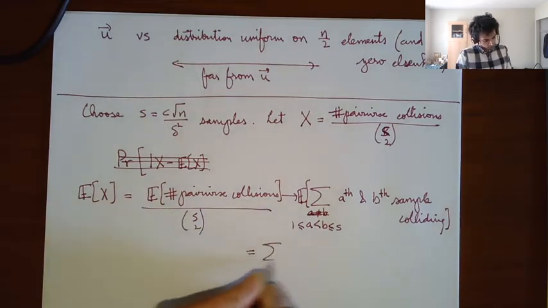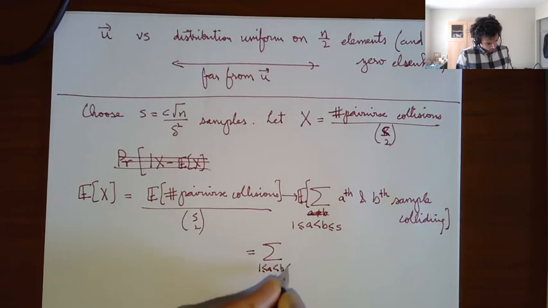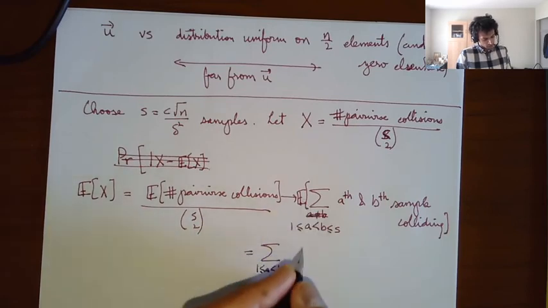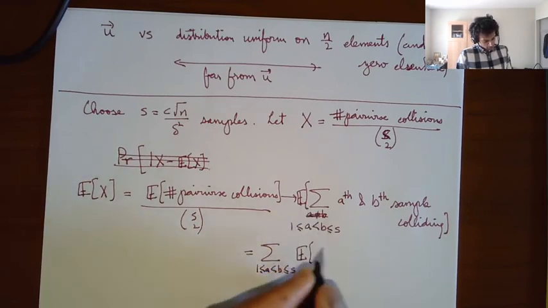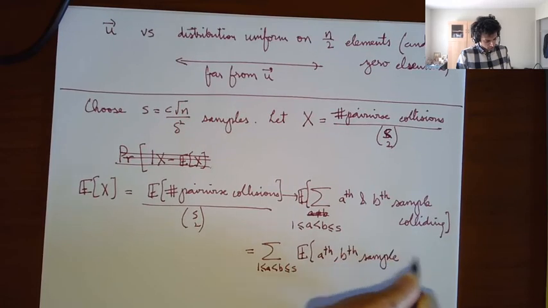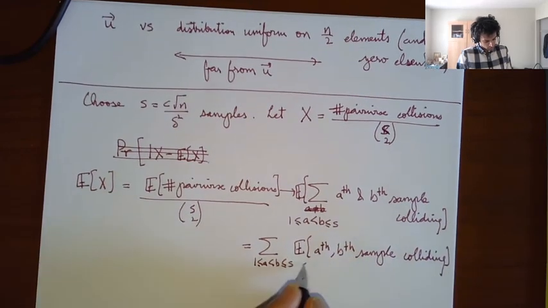This is now the summation over 1 less than A, strictly less than B, less than S of the expected value. This is linearity of expectation: the Ath and Bth sample colliding.